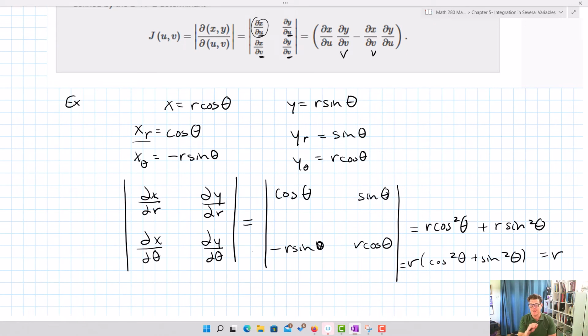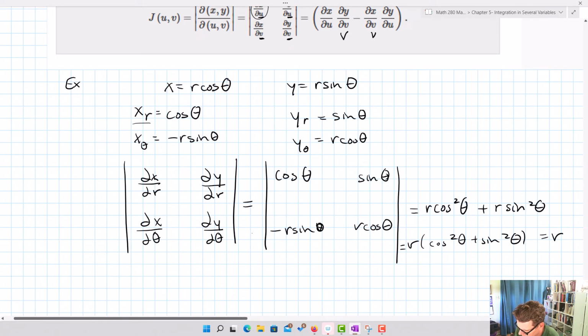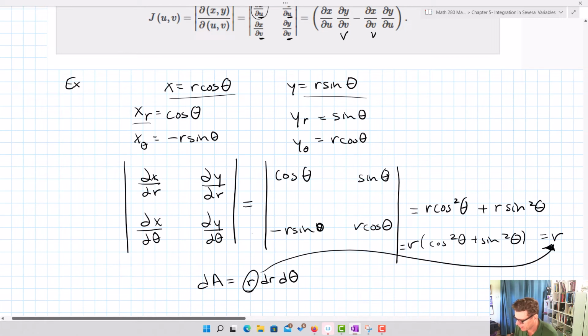We already know that's going to be the case, because when we're working in polar, remember that dA equals r dr d theta. So this thing corresponds to that r right there, and that's our Jacobian.